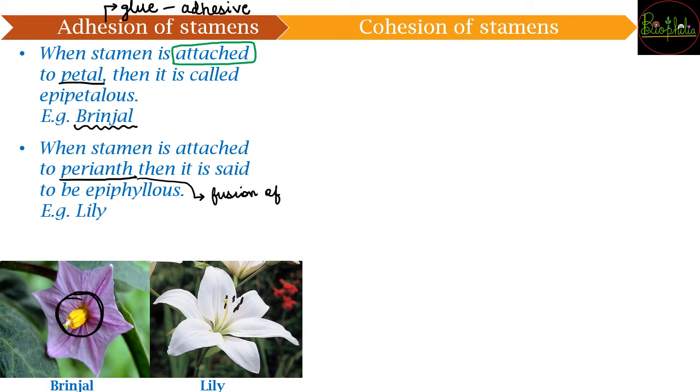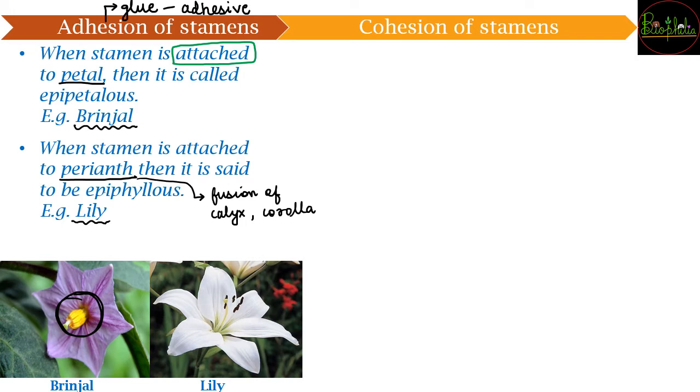Which two whorls? Calyx and corolla. When calyx and corolla fuse, you call it a perianth. So when the stamen attaches itself to the perianth, it is called epiphyllous. The epiphyllous condition you see in the case of lily.